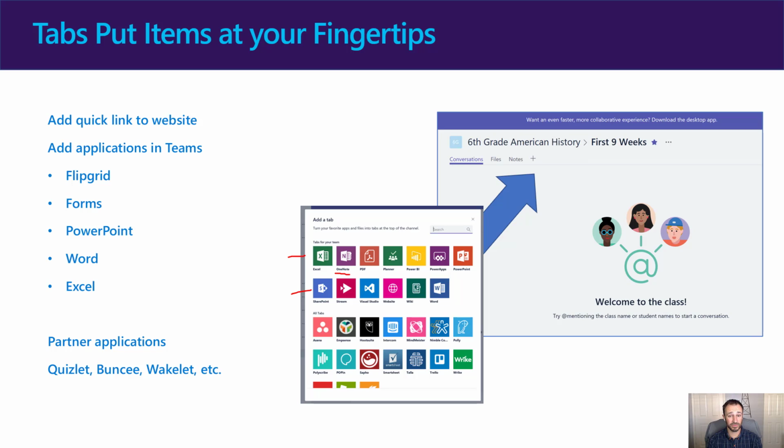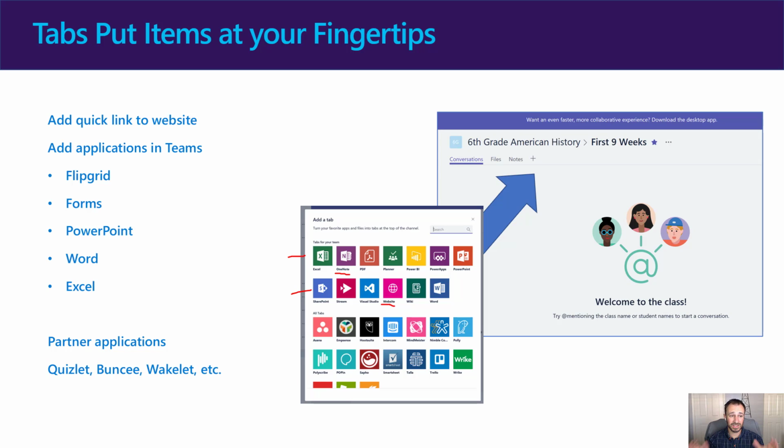You could put in a different OneNote than your class notebook, an Excel, a PDF, or a website. If you were using something like Wakelet, I would click website and then put in the URL to the specific Wakelet you want them to join, or FlipGrid, Buncee, Quizlet. There are others you can add, and website is the way that you do that. ThingLink is another one I've used. Those are some things that you can tab and put in there really quickly.